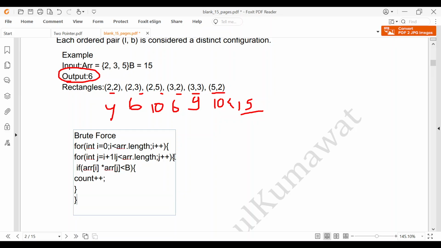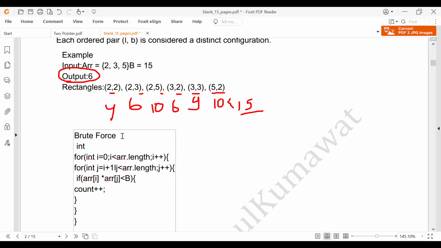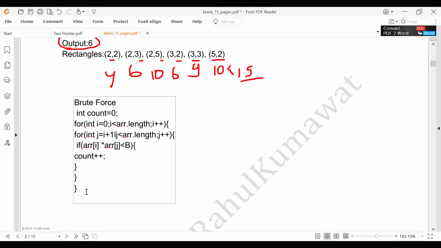I have considered that integer count is equal to 0, and I calculate count++, and I return the count. So this is a simple question which we can solve by using the brute force approach.